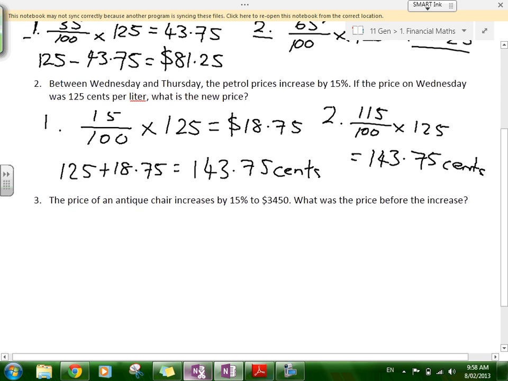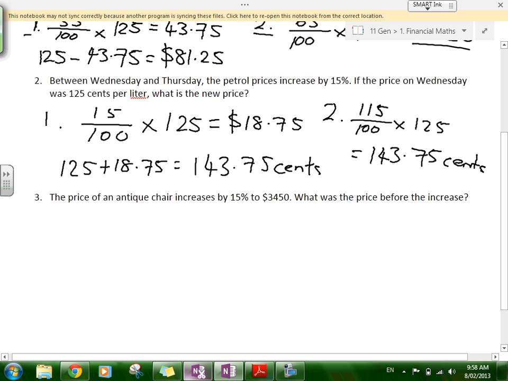Alright, so we're saying the price of the antique chair increases by 15% to $3,450. What was the price before the increase? So we've got to think about this. What percent of the original is this price? So 100% is the price we're trying to find.